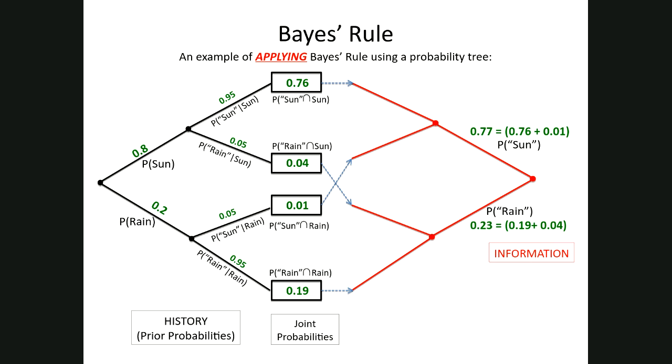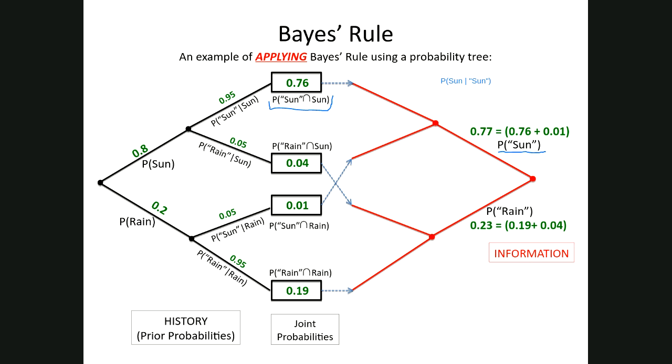And applying our Bayes rule, it's going to be the probability of sunshine and sunshine, this is the numerator, divided by the probability that there's actually sunshine forecast, which is the denominator.